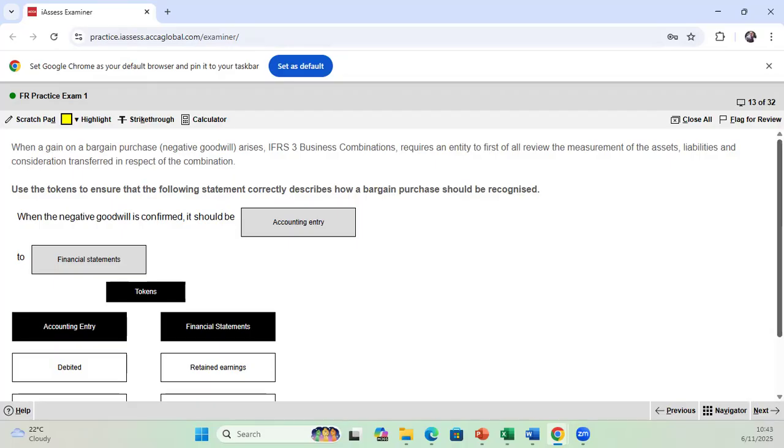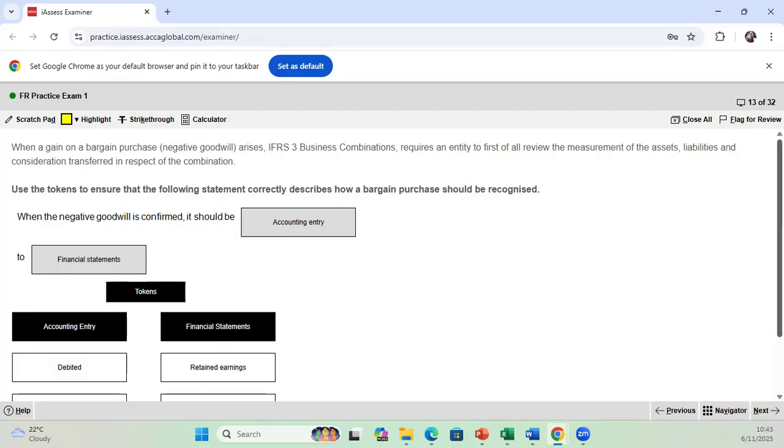In brackets, a purchase bargain is negative goodwill. So it's a benefit, because what you bought is assets at a price below their value.